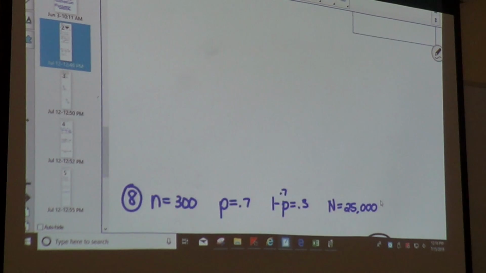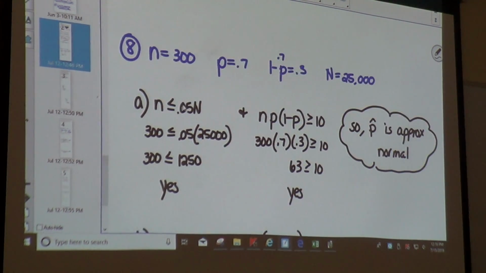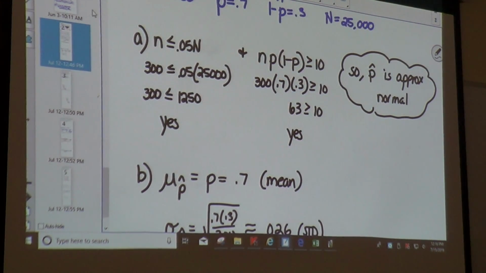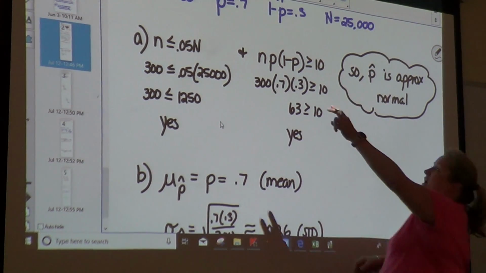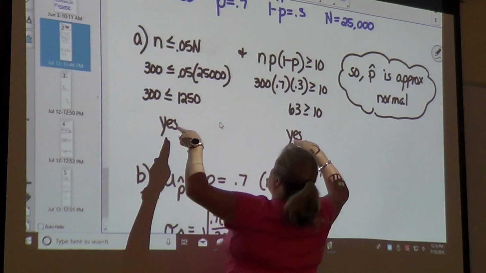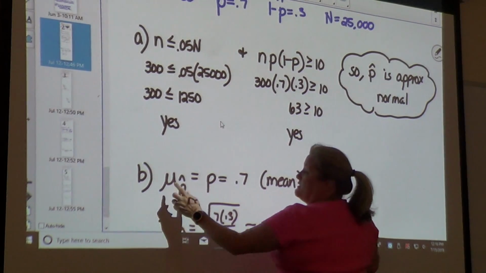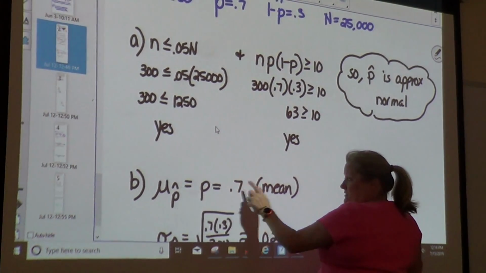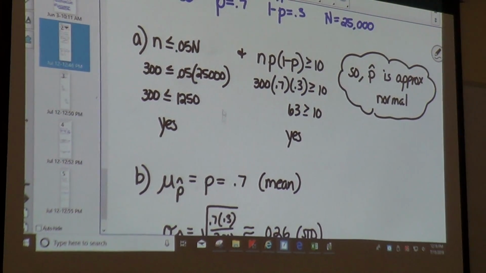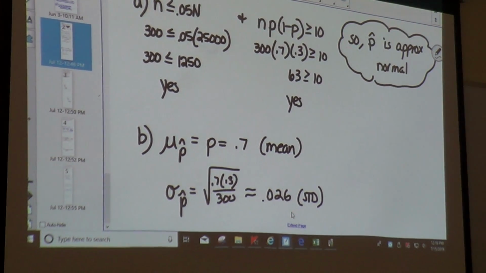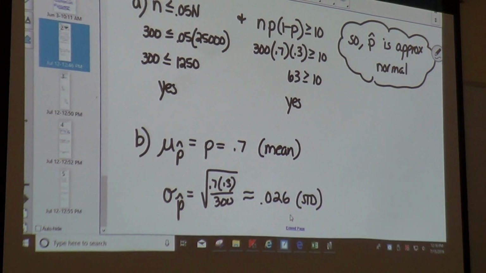That's all I have left on this page. I did my two things to figure out that it was normal. Then my mean is my P, and my standard deviation is the square root of P times 1 minus P over N. So there's my new standard deviation.